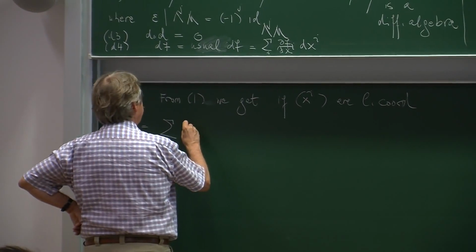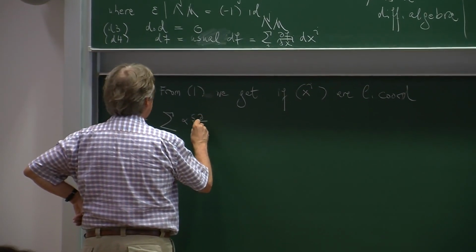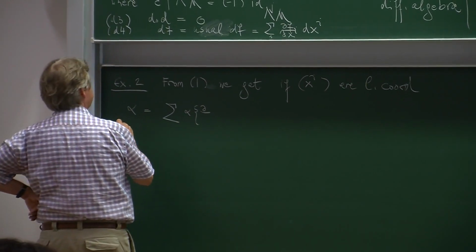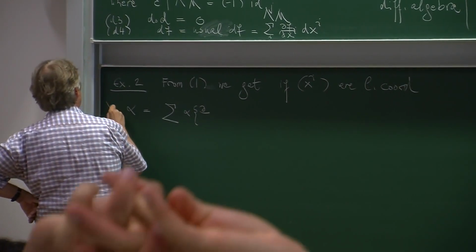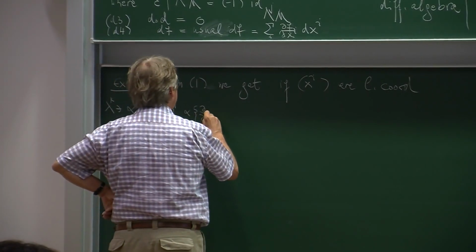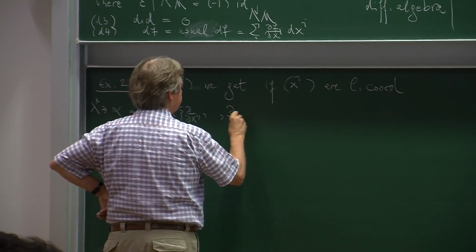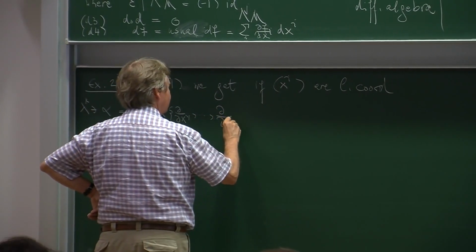Then we can apply this alpha to all linear combinations. This should be a k-form as before, dx^{i1}, ..., dx^{ik}.